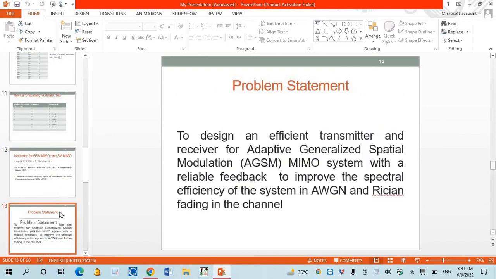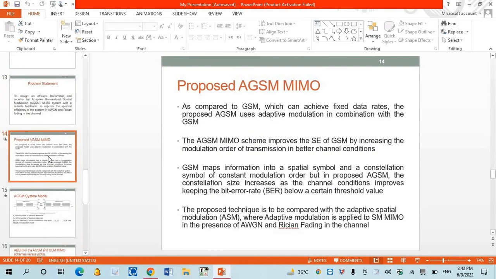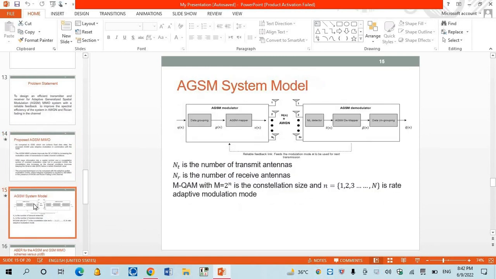In order to face this problem of energy efficiency and spectral efficiency, we introduce a new system which is known as AGSM MIMO. In AGSM MIMO, the energy efficiency and spectral efficiency both are good as compared to the SM, GSM and ESM MIMO. Here is the simple block diagram of the AGSM model.